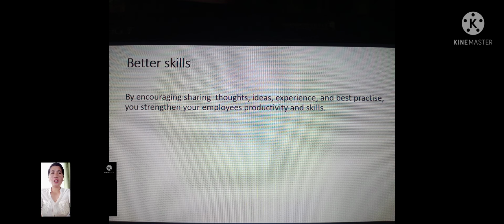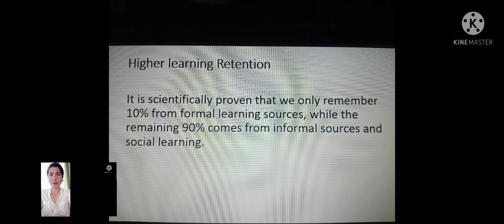So after the natural way to learn, we also have better skills. By encouraging sharing thoughts, ideas, experience, and best practice, you strengthen your employees' productivity and skills. These tendencies are great for leverage in organizations.